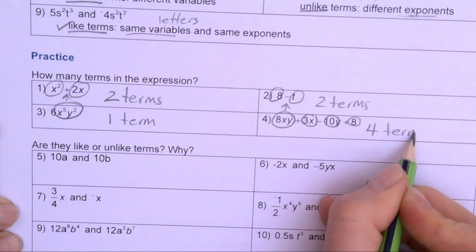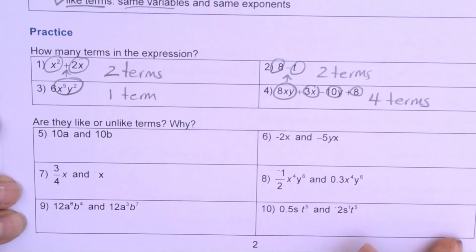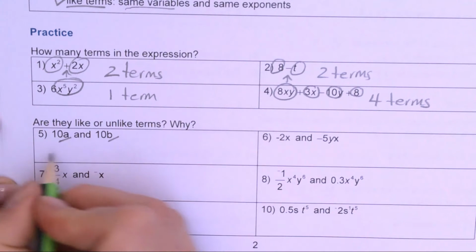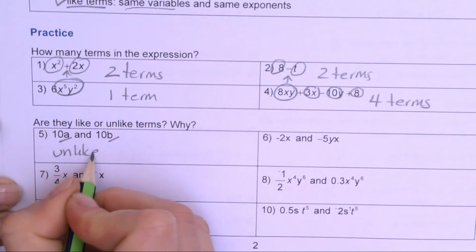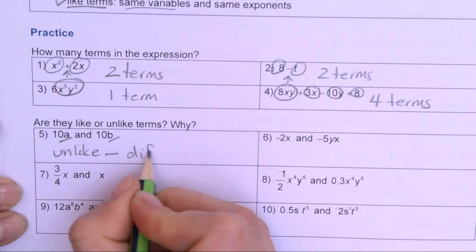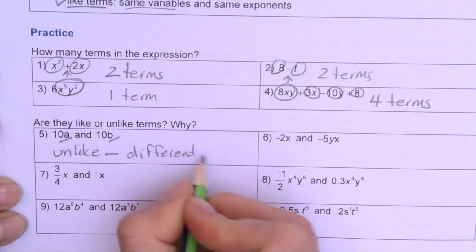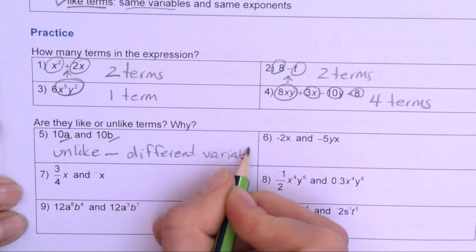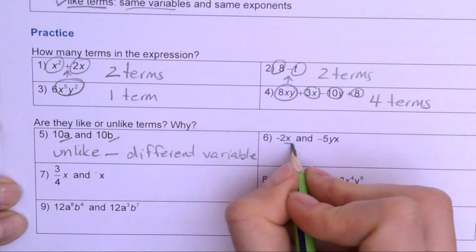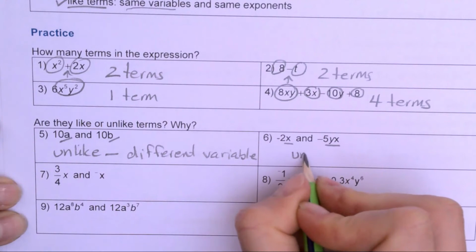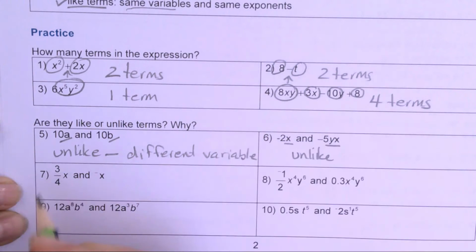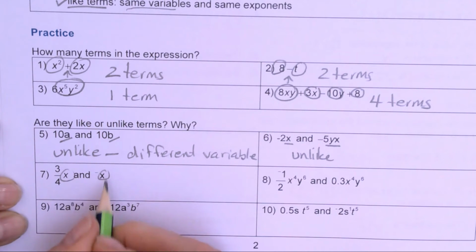Are they unlike or like? A, B. So they're unlike. Why? Different variable. Okay, so that means the letter's different. Here, this has x, this has xy, so they're unlike because this doesn't have a y. x, x.